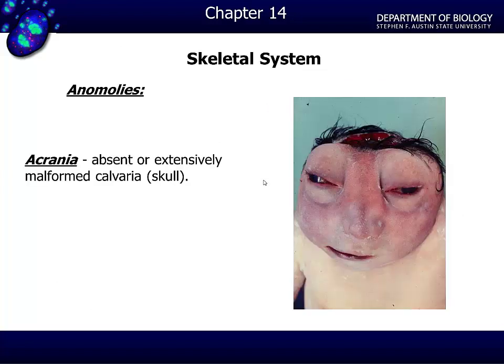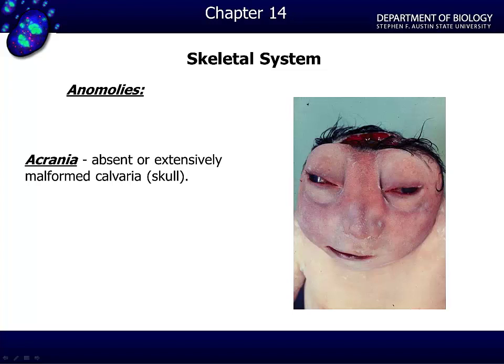Now, one of the most drastic appearances of failure to close the neural system is going to be an anomaly that is referred to as acrania. Now, with acrania, you're also going to see anencephaly in most instances.